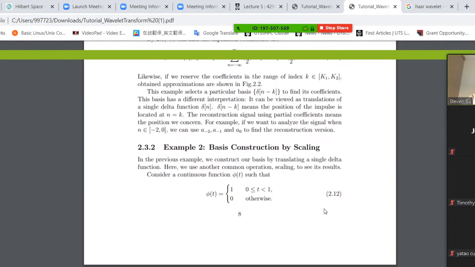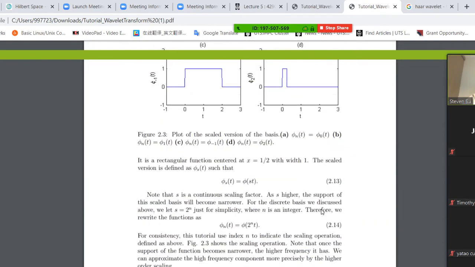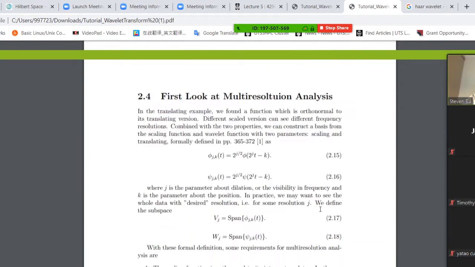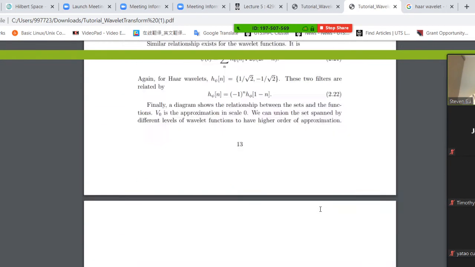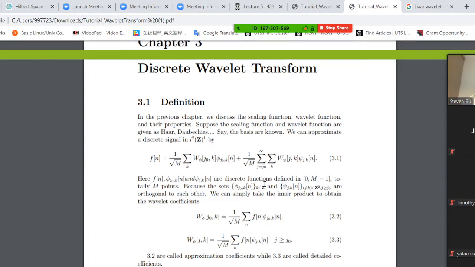We will discuss multi-resolution analysis when we discuss the discrete-time wavelet transform. The mathematics behind it is maybe too complex for you. I just want to give you some cool pictures, and then we go to the application point of view.